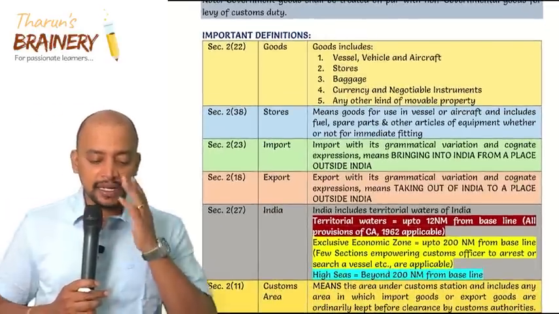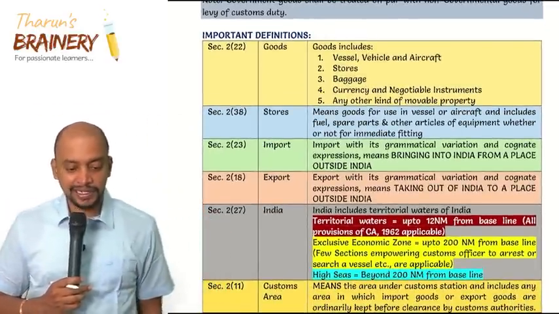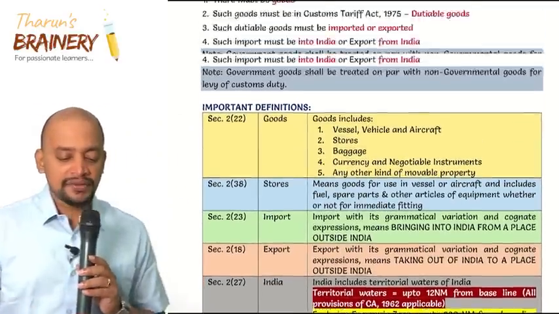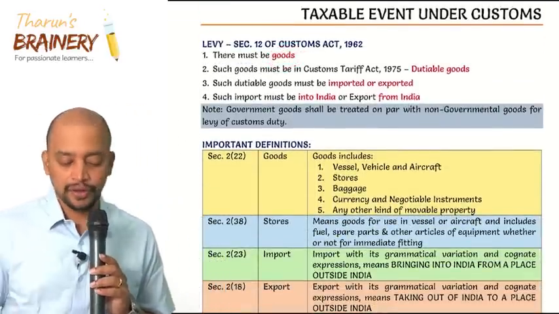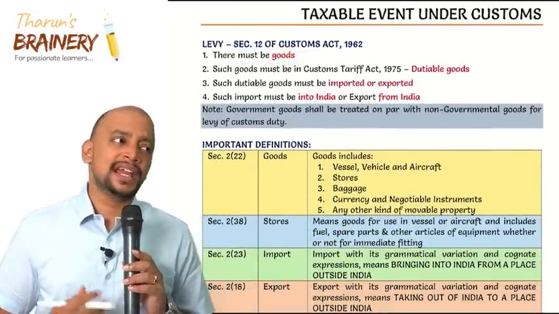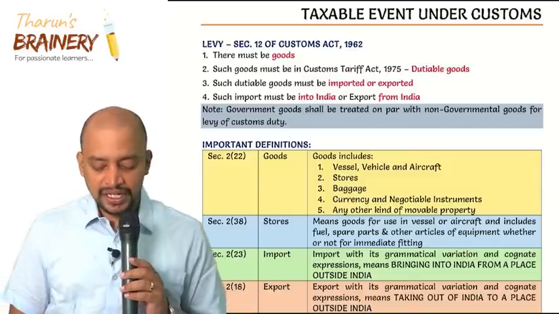Then you can see some important definitions here. As we have levy only when there are goods, we need to understand the meaning of goods. So goods means what? Any kind of movable property. That is known.